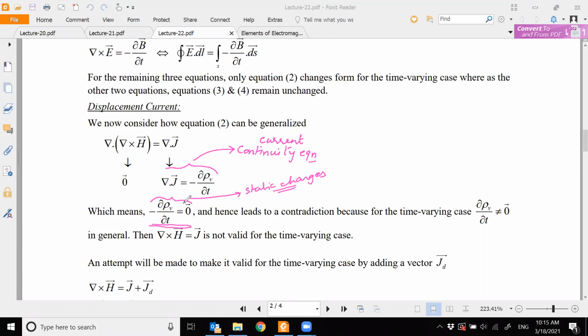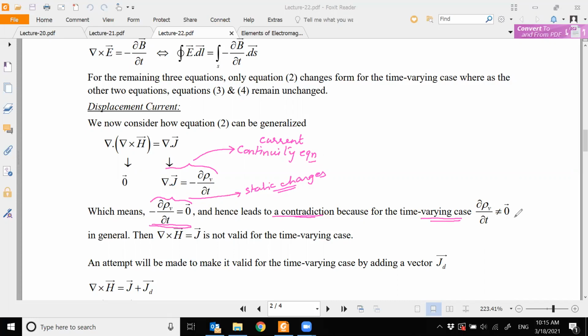But now when you have charges depending on time, because we are generalizing to time varying fields, this is no longer valid. That means this is a contradiction, because in the time varying case, dou rho V over dou t will not be equal to 0.